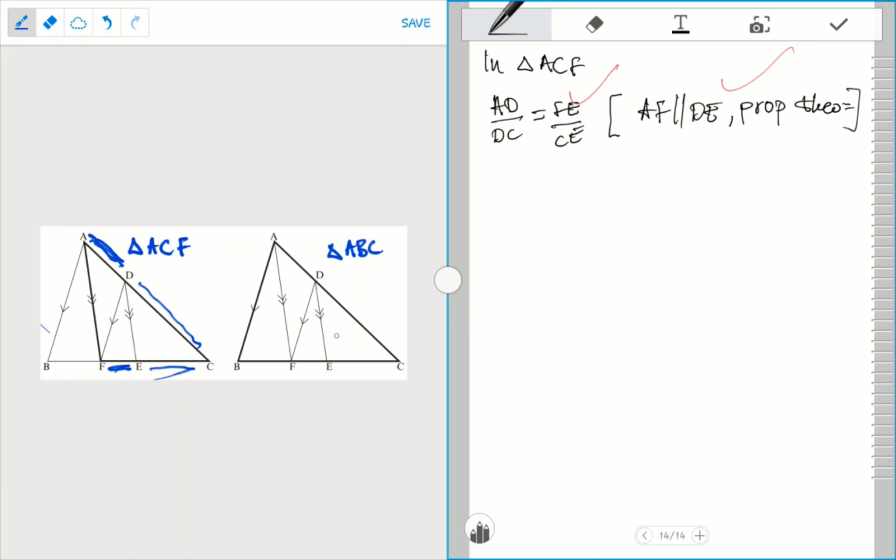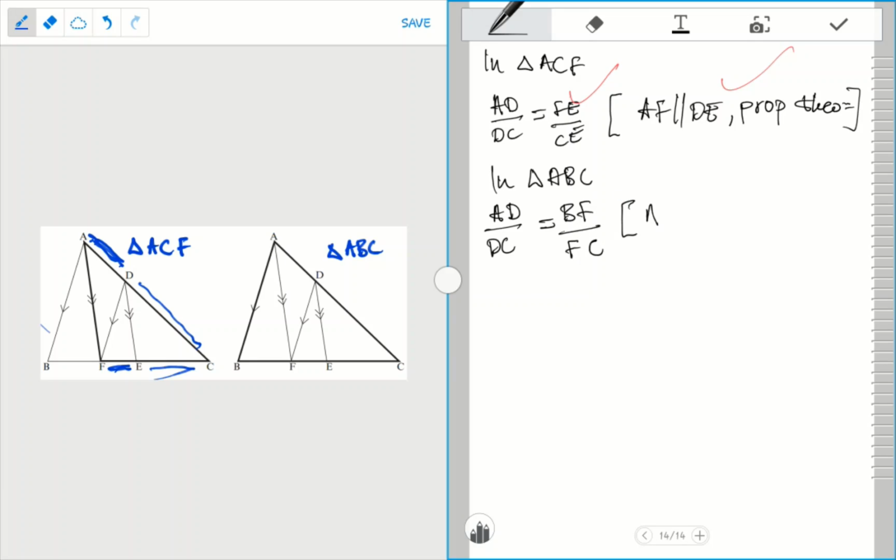Let's go to the second triangle. Therefore, in triangle ABC, we are going to say AD over DC is equal to BF over FC. The same. Then which ones are parallel?